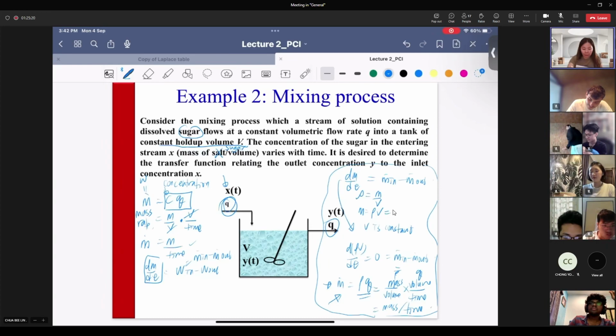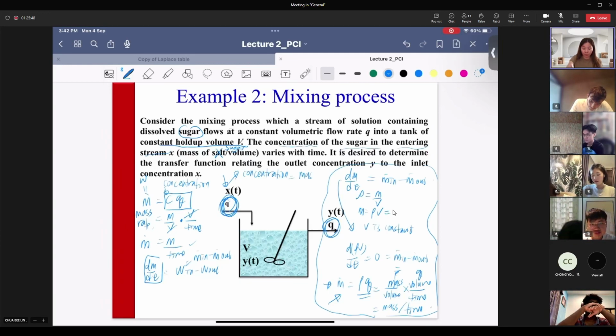Okay, now we have the inlet volumetric flow rate Q, same as the exit volumetric flow rate. And the concentration of the sugar in the entering stream is given as X. So this X is concentration. It is not in percentage. Concentration will be mass over the volume.